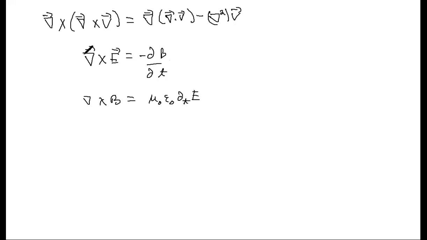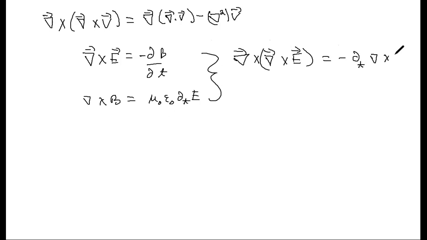So what we're going to do is take the curl of the top line and then substitute in what we get. We get del cross del cross E equals minus partial with respect to time of del cross B.